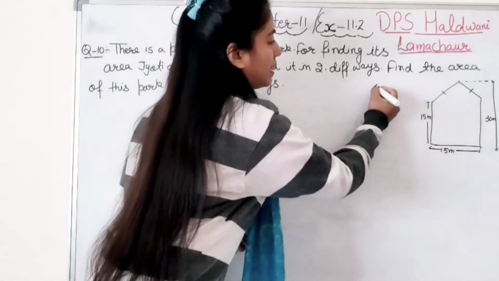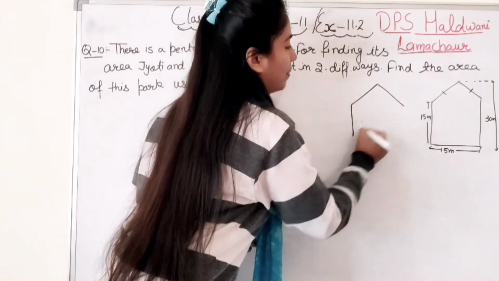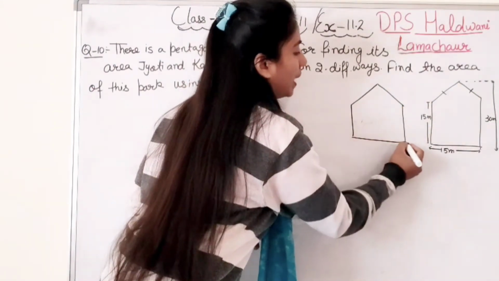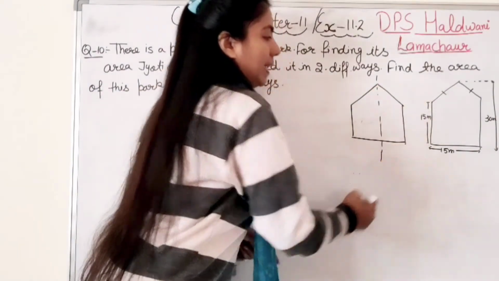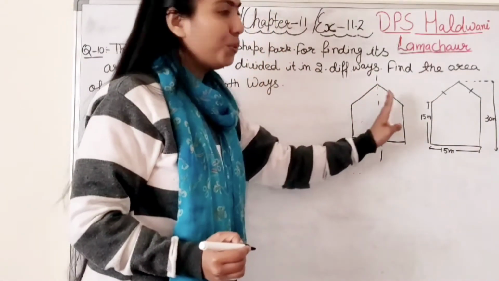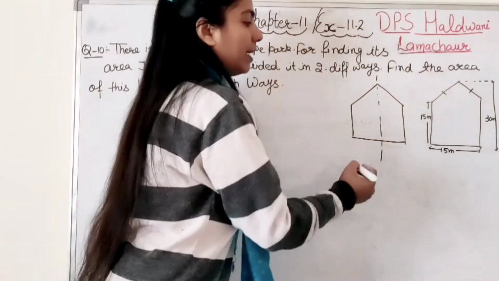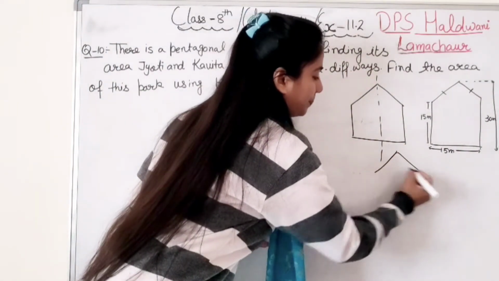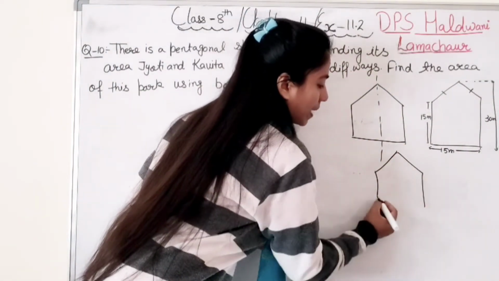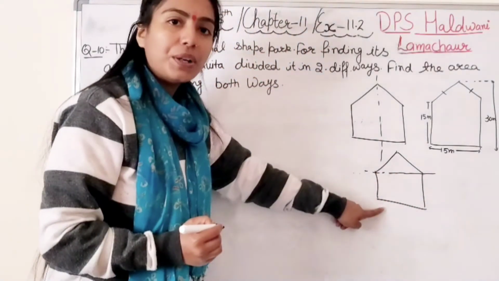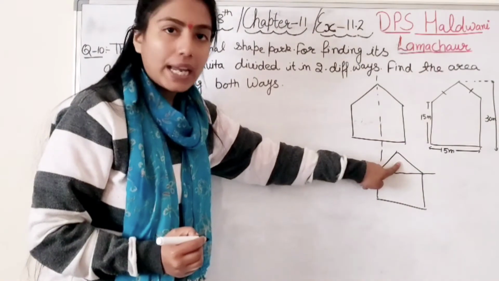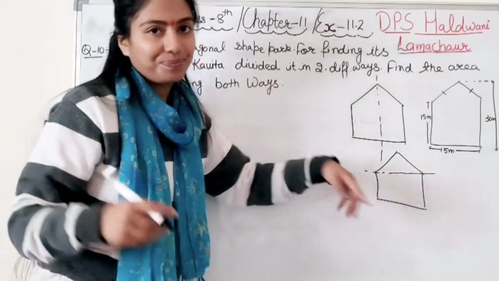See, this is a pentagon, 1, 2, 3, 4, 5. Jyoti has divided it in this way, and we got 2 trapeziums. Kavita divided this pentagonal shape in this way, and what we get is a triangle and a square.